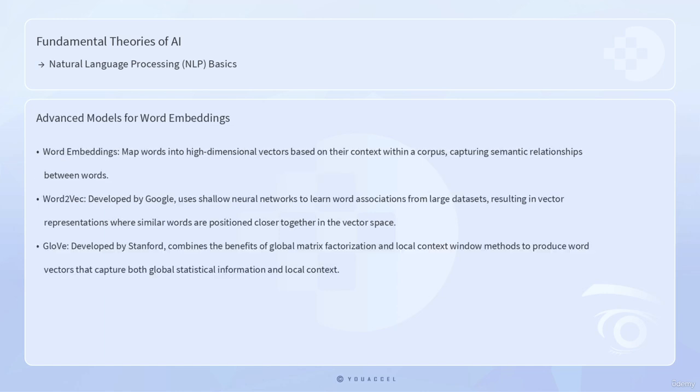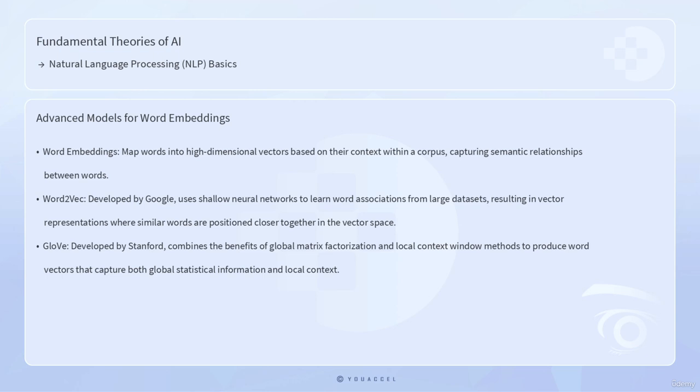To address these limitations, more advanced models like word embeddings have been developed. Word embeddings map words into high-dimensional vectors based on their context within a corpus, capturing semantic relationships between words. Popular algorithms for generating word embeddings include Word2Vec and GloVe.